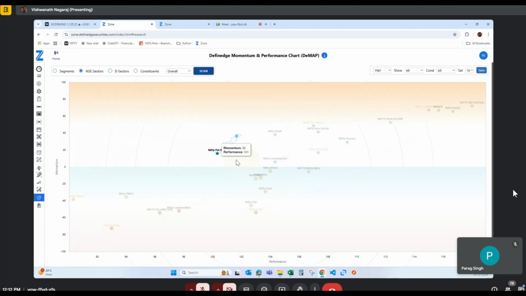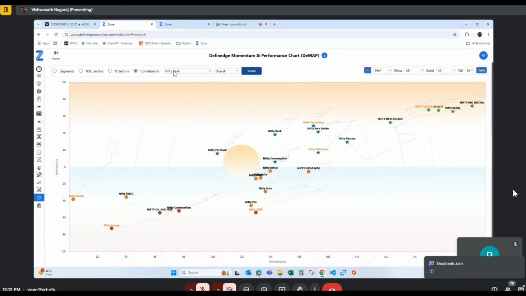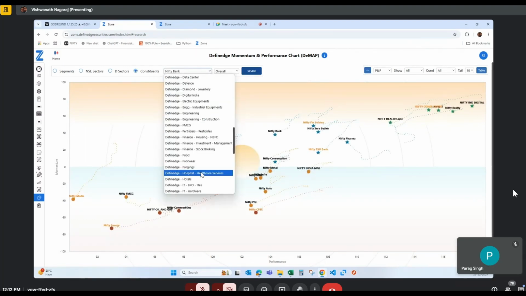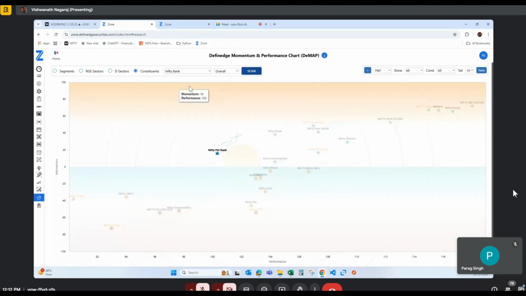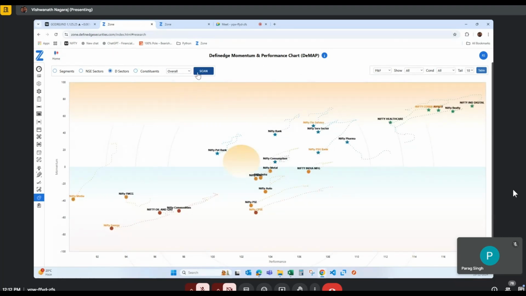The word Raju has made most famous is tuck tuck. When you do tuck tuck on constituents, you'll immediately know which sectors are hot. If you have the time and go through each and every one of these constituents, if you can spend maybe 15, 20, 30 minutes, you should have a better view of it.